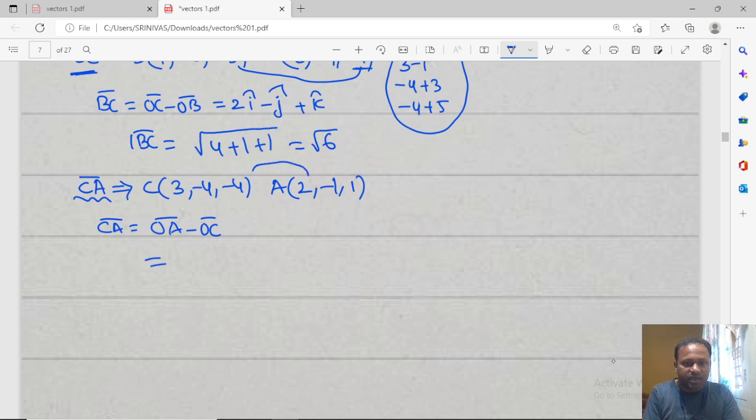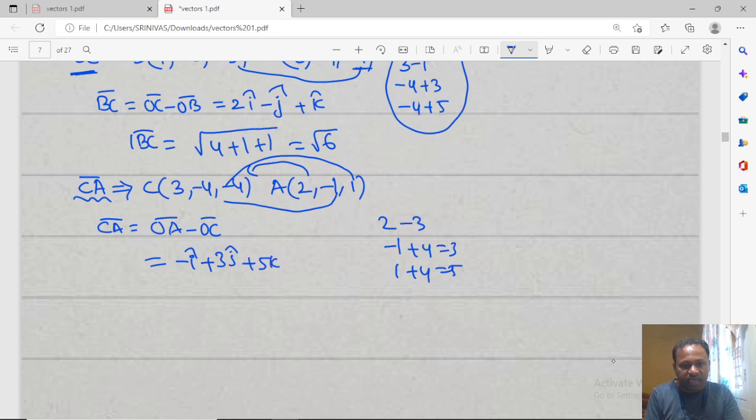From here to here, I will write 2 minus 3, as well as minus 1 minus into minus plus 4, and third one 1 minus into minus plus 4. That is nothing but minus i cap plus 3 j cap plus 5 k cap.